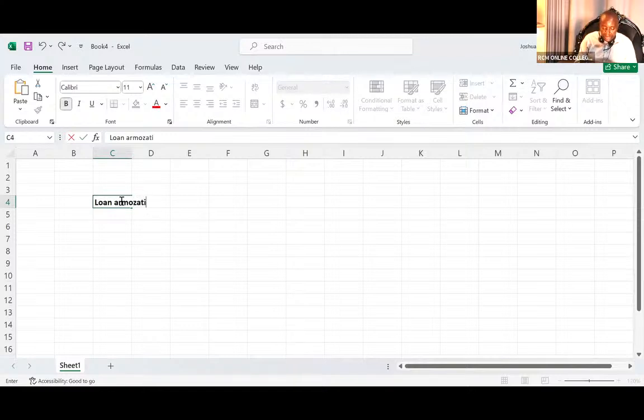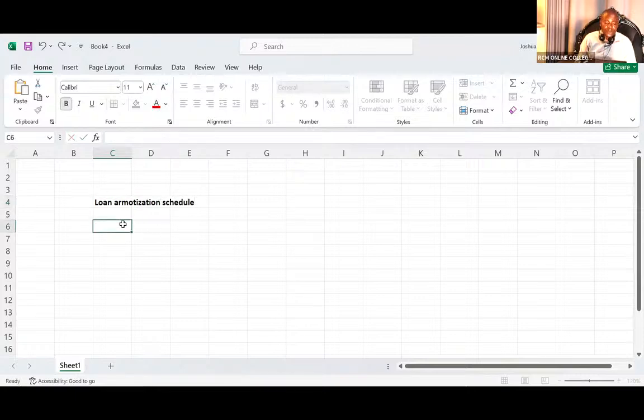Look at me now. A loan amortization schedule. That's what we are doing here. We are using this concept of locking.